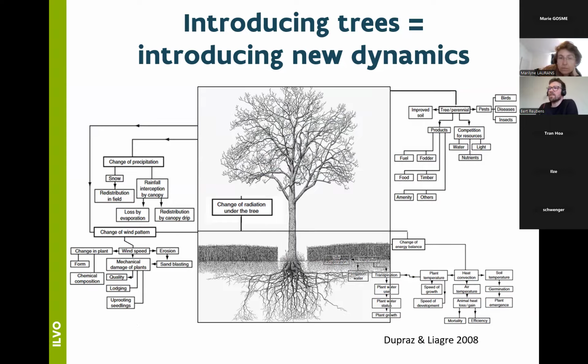So these aspects will also influence the other components of your system, whether it is crops or livestock, for example. It will generate new products and new services. It will have an impact on the biodiversity of the system. And of course, you want to have a positive impact on the functional diversity. So a lot of changes are triggered.